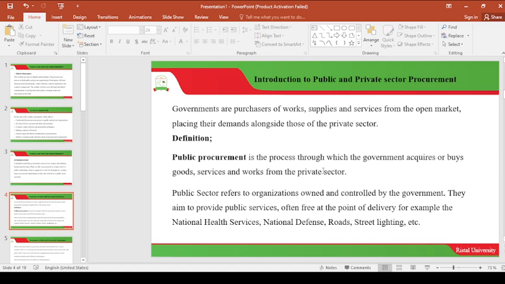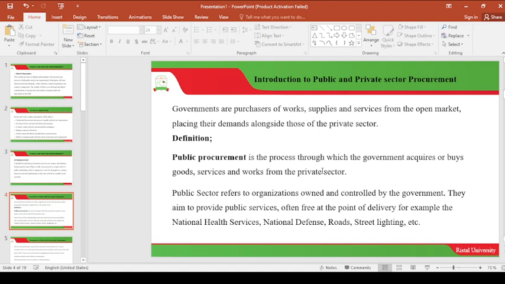The aim of public sector procurement is to provide public services, often free at the point of delivery. For example, the national health services, or the government who has a lot of hospitals, they construct these hospitals so that they can provide health services to its citizens.